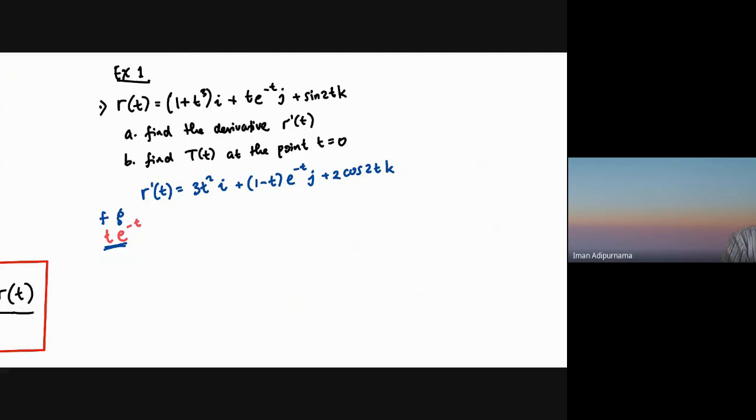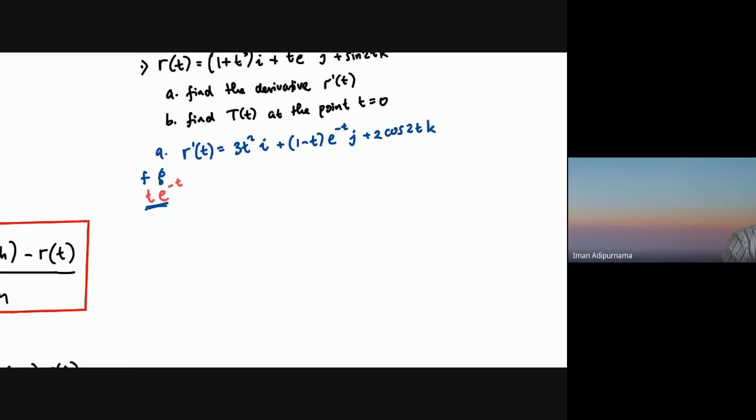Okay, now, so this is part A. To find the unit tangent vector, let me write: the unit tangent vector is r prime t over its magnitude, which means we need to check t equals 0. So this will be j plus 2k, right? If you put 0 into the equations.